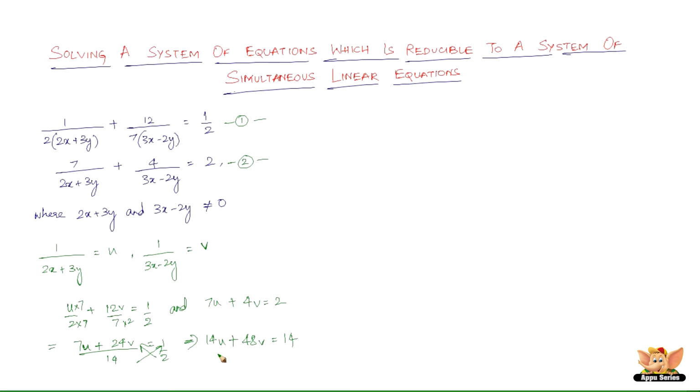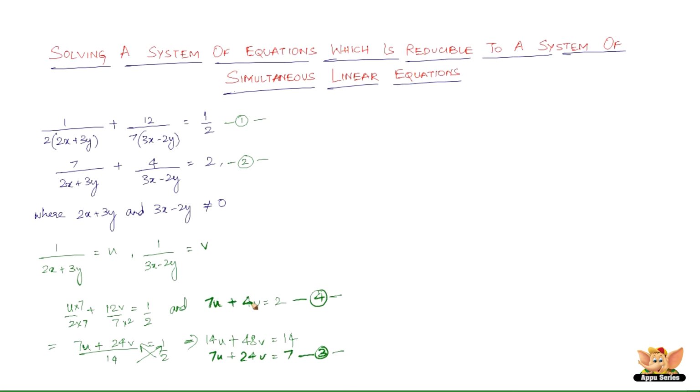We can still simplify this by taking out 2, because it is a factor of 14, 48 and 14. Dividing throughout by 2, we can make it 7u plus 24v equals 7. Let us say this is equation 3, and this was a pretty simple one. Let's call this equation 4.